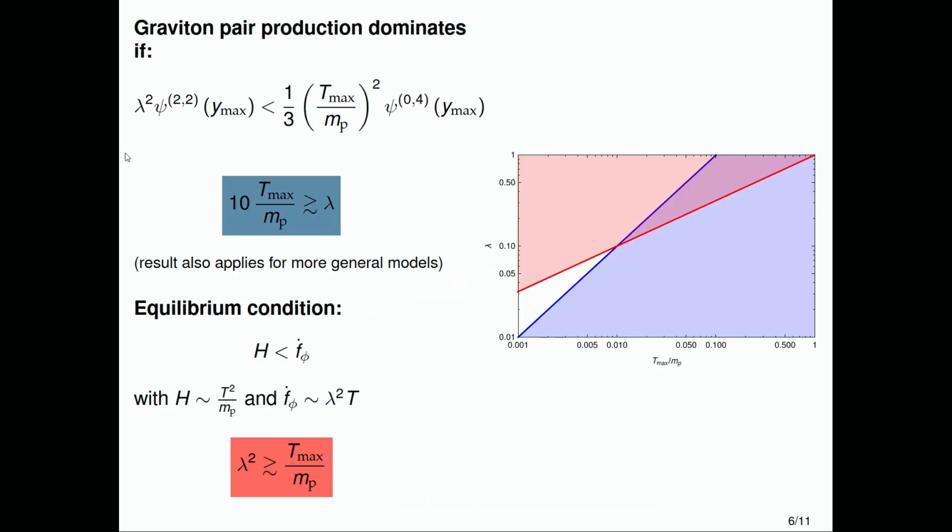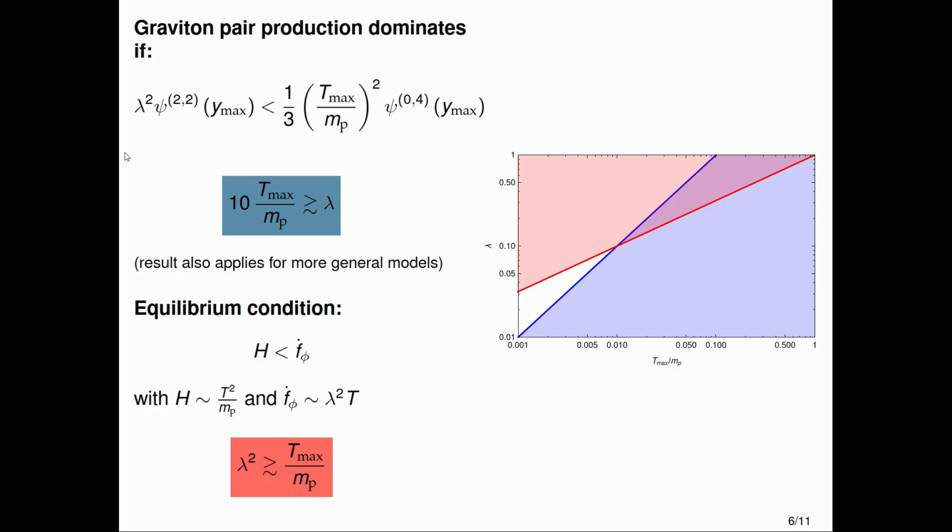Okay, good. So you can also derive in an equation when graviton pair production processes will dominate. In our toy model, we find that 10 times T max over m Planck has to be larger than the coupling in your heat bath. There's another condition that you have to fulfill.